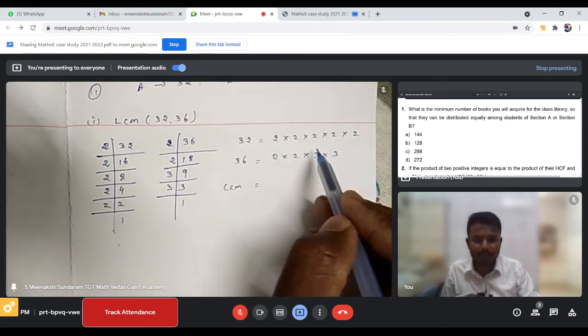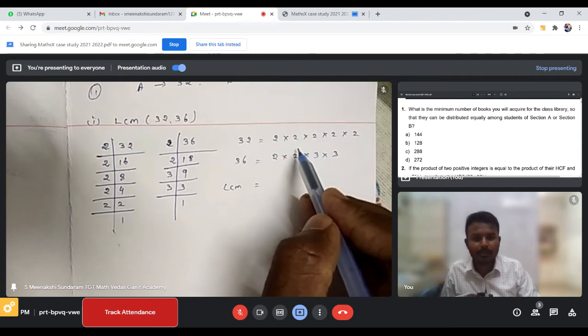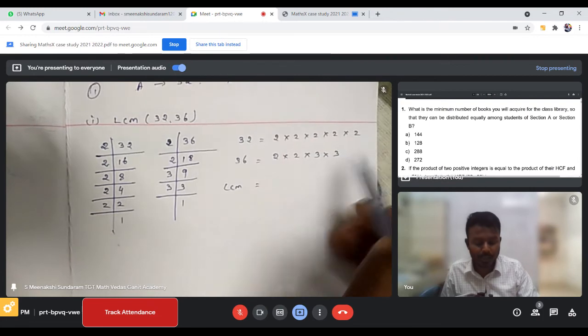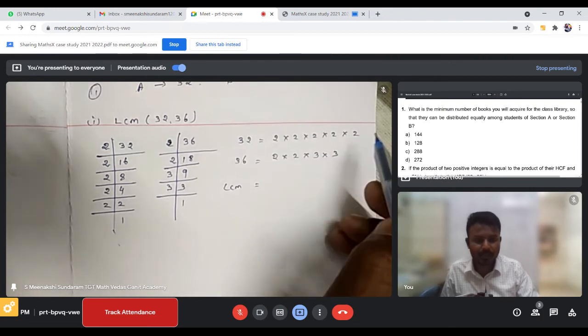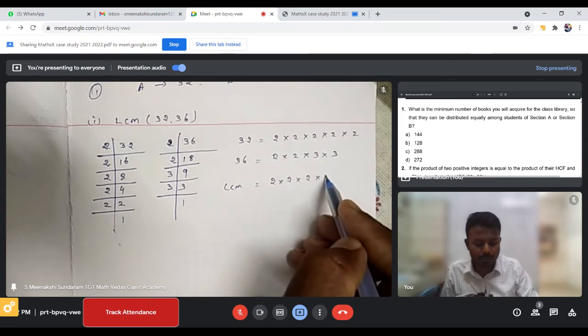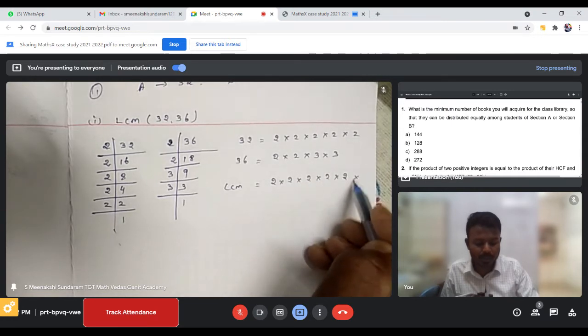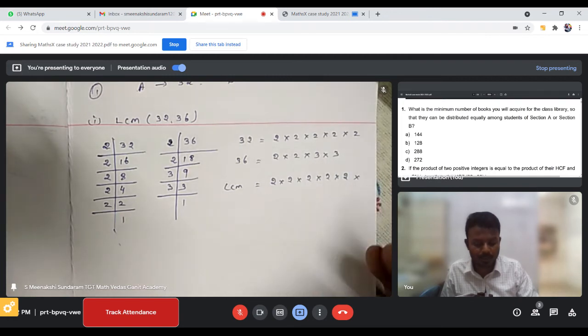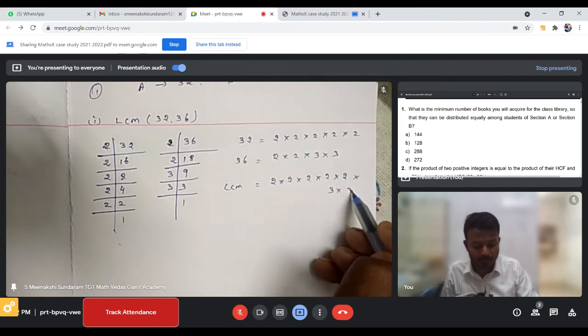Here we need to take the number that occurs the most times. When considering 2, here 2 occurs 5 times and there 2 occurs 2 times, so you go with 5 times: 2 into 2 into 2 into 2 into 2. Coming to 3, 3 occurs only 2 times, so you take it 2 times: 3 into 3.